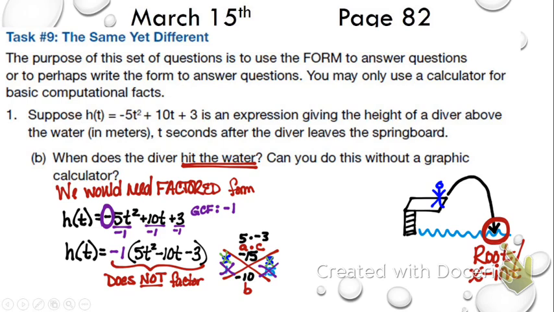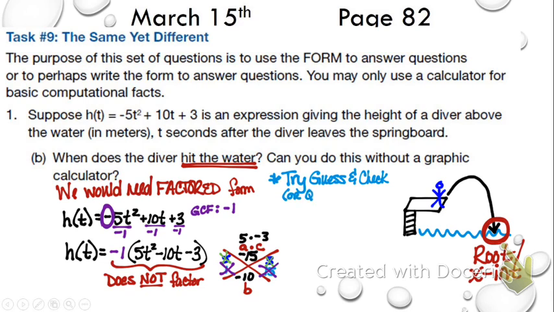What could I do to estimate when he's going to hit the water? Yes, we could try guess and check. Quadratic formula will find it exactly.